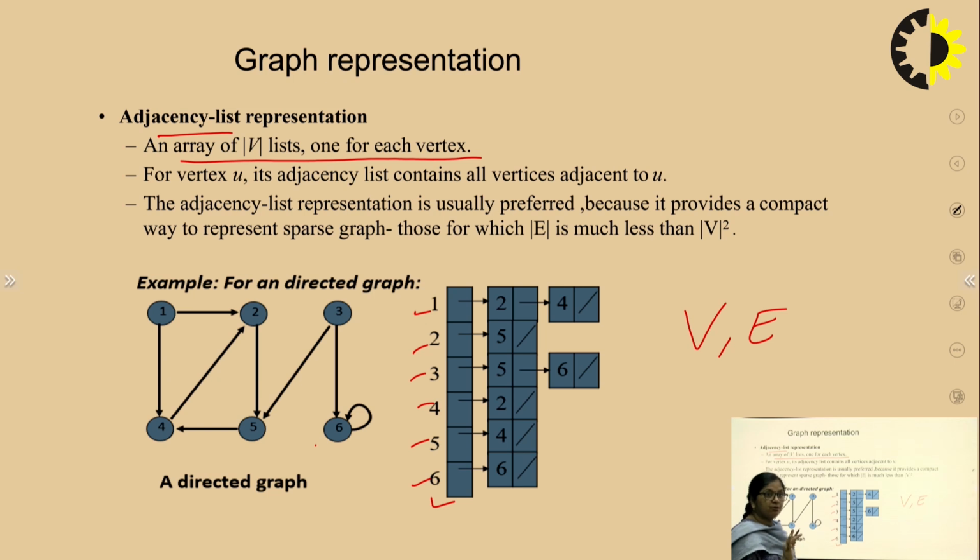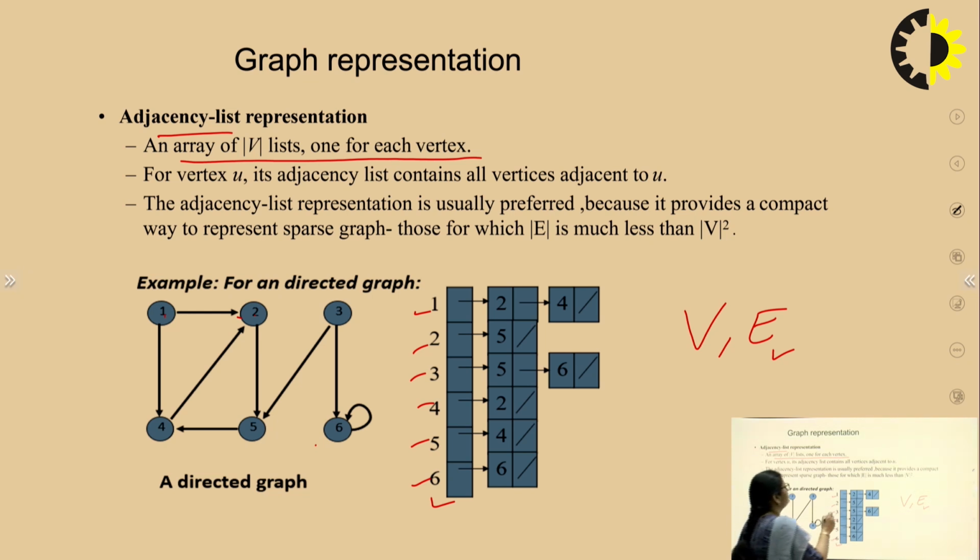So we have stored information about vertices. Now we have to store information about edges. What is an edge? An edge is information of adjacency from one vertex to another. 2 is adjacent to 1. Why is 2 adjacent to 1? Because we can go from 1 to 2.